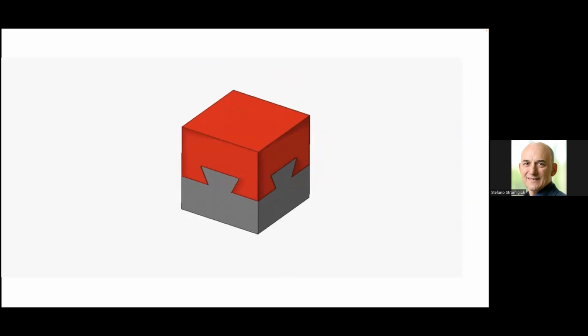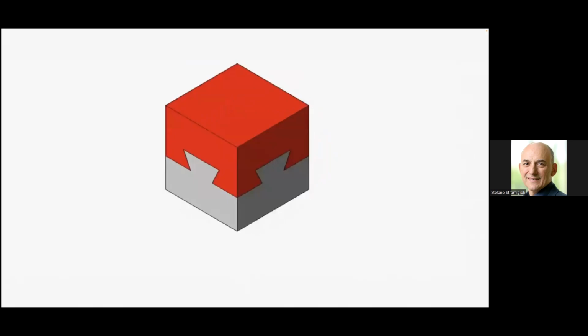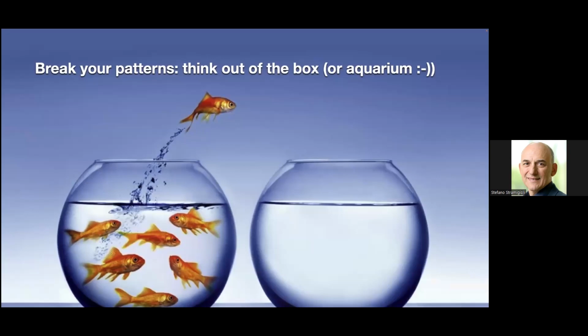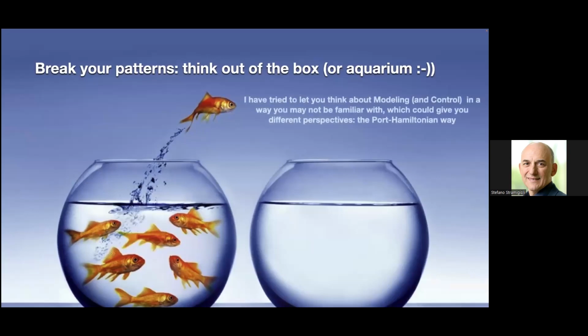Because what you only see is on the surface. You don't see what is behind, so you can't say anything about what is behind, right? So you should see if there is an implication that brings you to the structure which is behind. So break out, think out of the box, and I hope that with this lecture I did give you some things to look at.